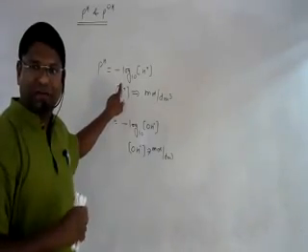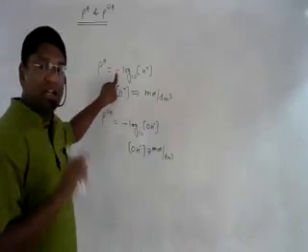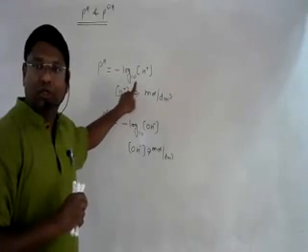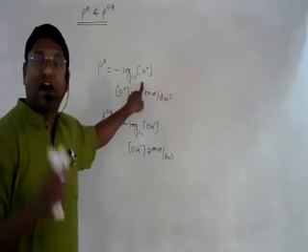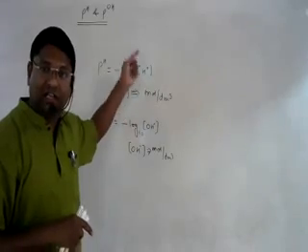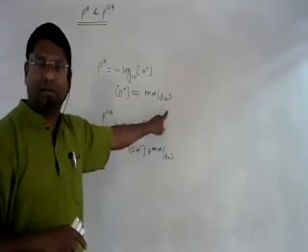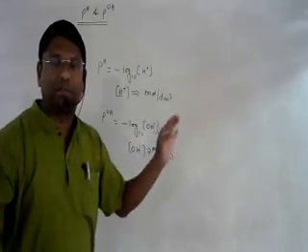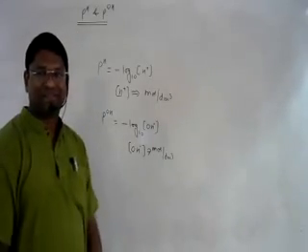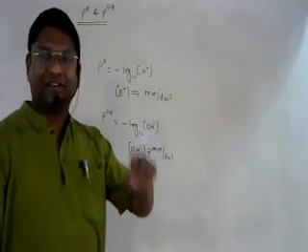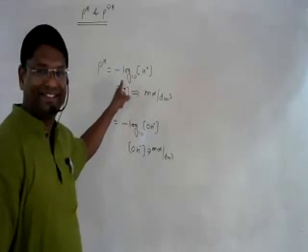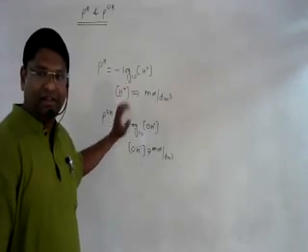What is pH? The negative logarithm to the base 10 of hydrogen ion concentration in moles per dm cube is called pH. It is written as pH is equal to this one. Then what is pOH?